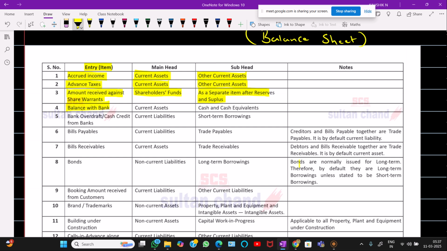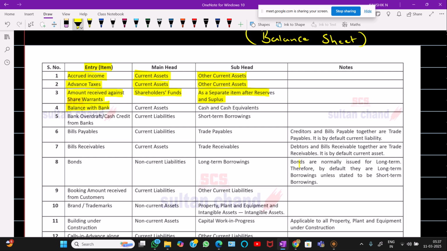How? When my customer pays an amount directly into my bank account, my bank balance will increase. When I issue a cheque payment to some of my suppliers, obviously my bank balance will decrease. As a result, there will be an increase or decrease. Or if the bank provides me some interest on the amount I am maintaining, that will also increase my bank balance.